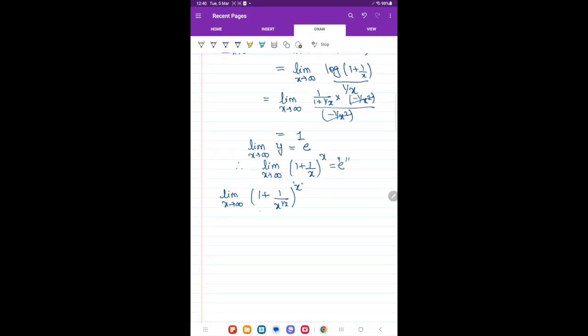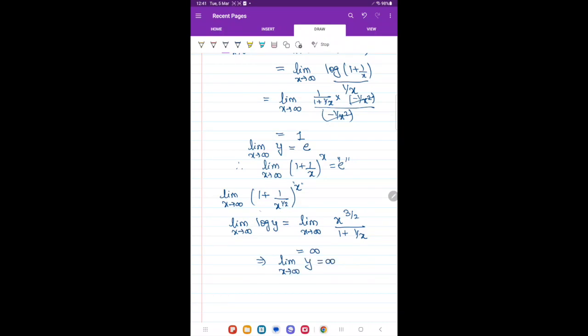If I solve this limit using similar methods, I will get limit x tends to infinity of log y equals limit x tends to infinity, and again we will use L'Hospital's rule to obtain that this will be equal to 3 by 2 times 1 plus 1 over x, and this gives you infinity, and therefore limit x tends to infinity of y should be infinity.